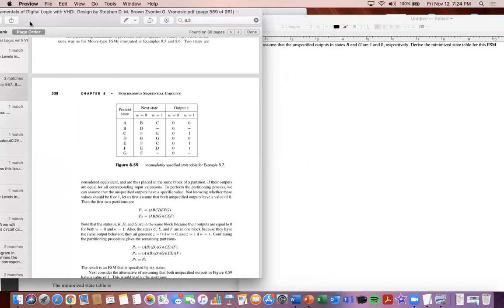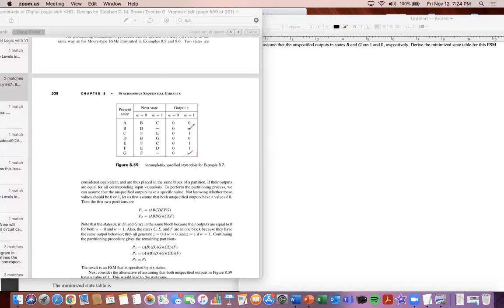What he talks about is when we have these unknown values, the don't cares for the states, the next state, leave as is. However, the don't cares on the output, you're either going to make them all 1 or all 0. For this example, let's make the don't cares just 1 to make it easy.